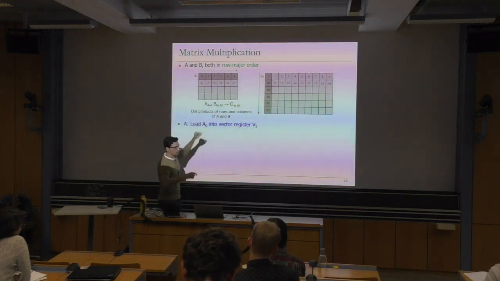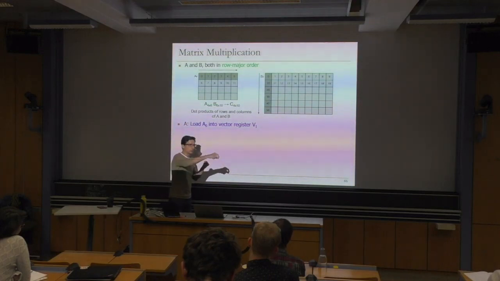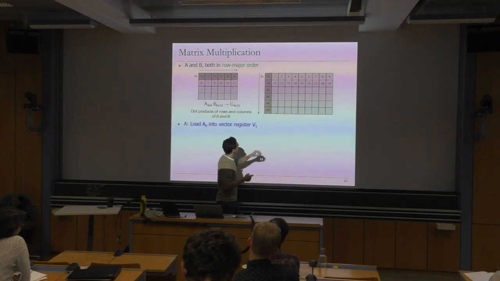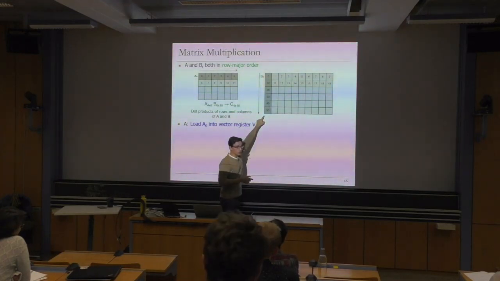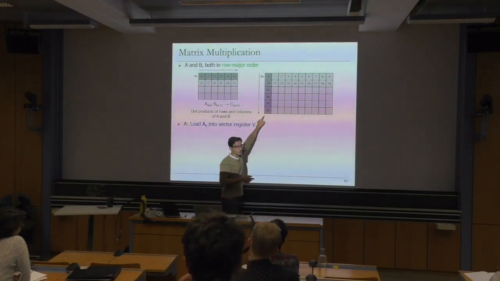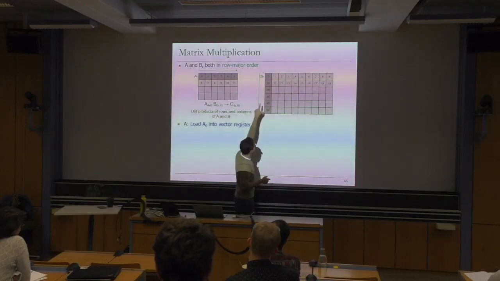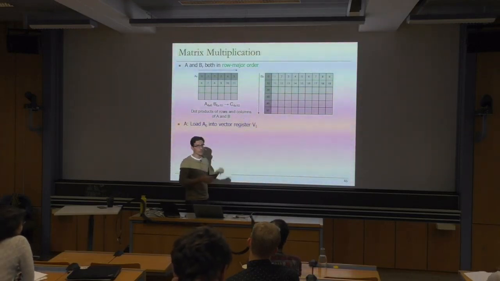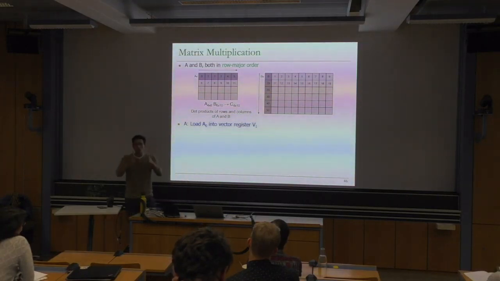Because from A0 to A5 they are going to be stored into consecutive banks. But what happens with these ones? We have only 10 banks, right? So if we have 10 banks, it turns out that elements 0, 10, 20, 30 and so on are all mapped into the same bank, in bank 0.